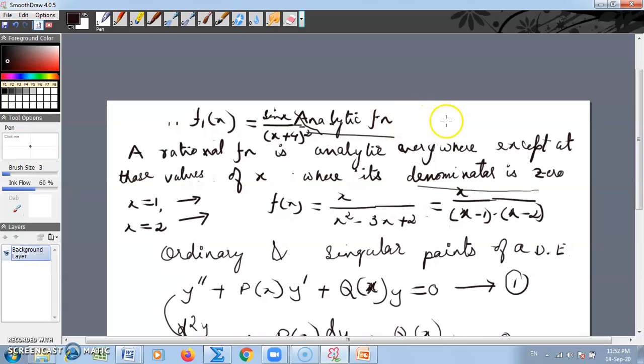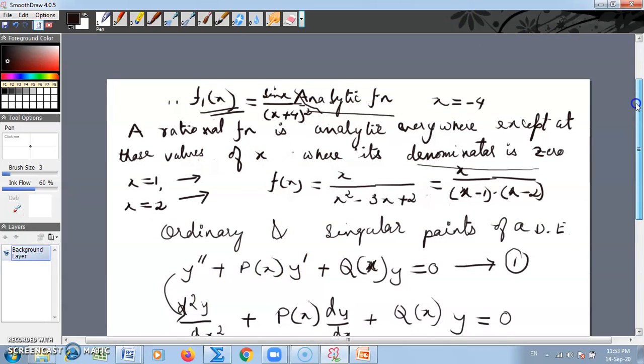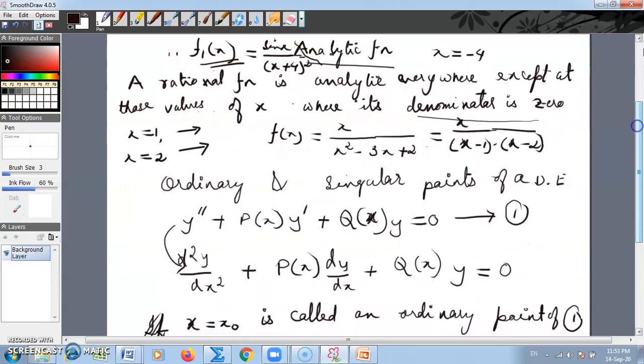So at x is equal to minus 4, this second function, f1x, is not analytic. So if I know what is not analytic, I can easily say that where the denominator is non-zero, it is analytic. Actually, being analytic has another definition. It's analytic, not analytical.